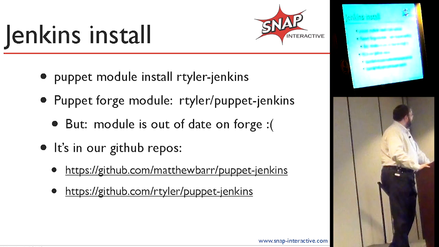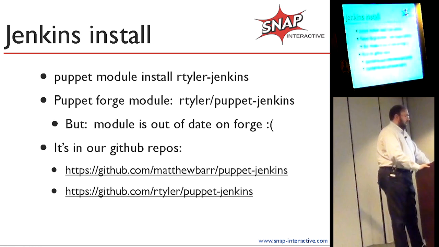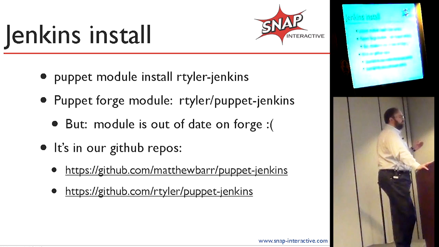I'm really glossing over some of this, but for installing Jenkins, there is actually a Forge module for installing Jenkins. Unfortunately, it was written by R. Tyler Croy, and it's a little out of date on the Forge. The branch on GitHub is far better. It's on my GitHub or his. We've added slave setup; I wrote a bunch of the code for the slave module.